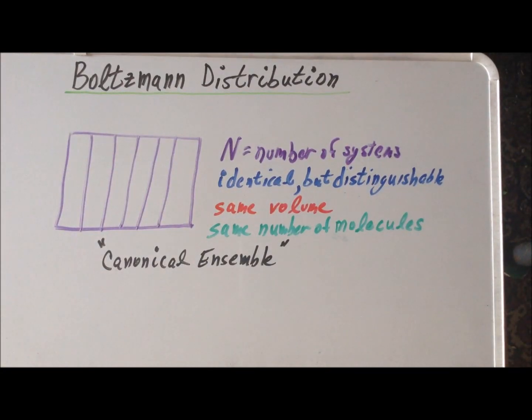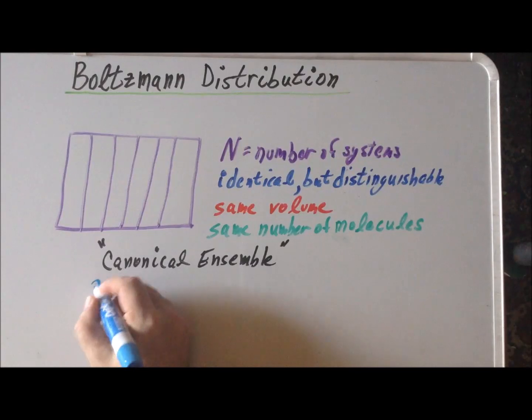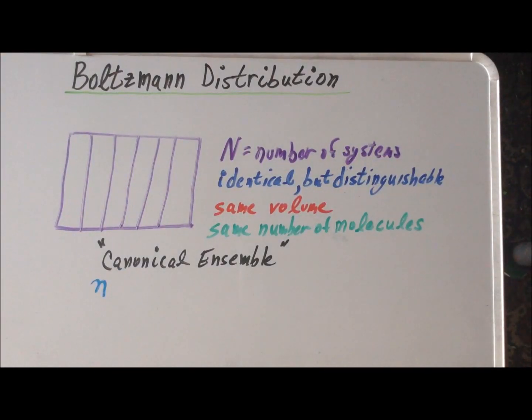Since energy is free to flow between the systems, all the systems will not have the exact same energy. They will have different energy levels. So we need to keep track of how many of these systems have a particular energy. We're going to use the symbol of a small n, and we're going to write it with a different color just to avoid confusing ourselves with the capital N in purple, which is the total number of systems.